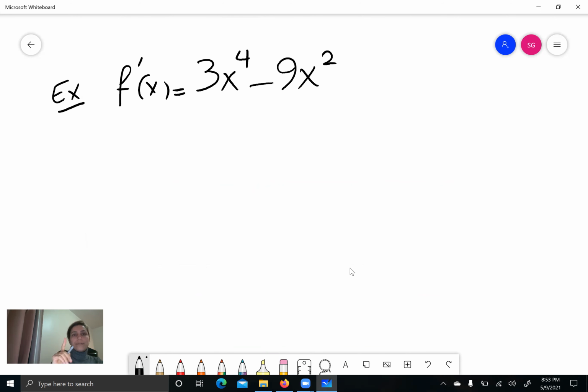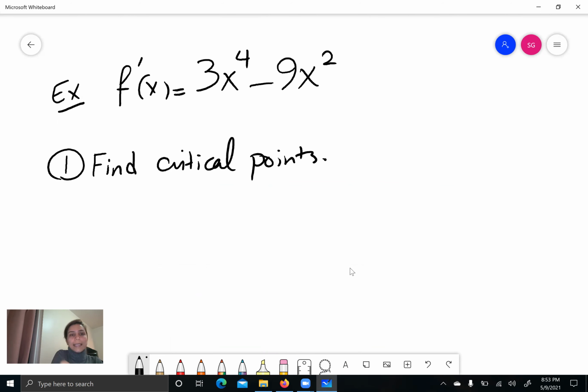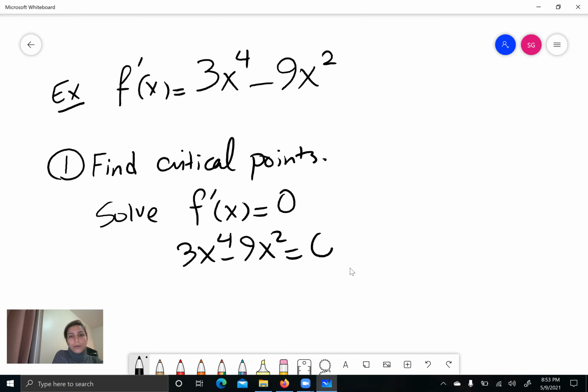So the first thing is to find the critical points. That means set the derivative equal to 0. So 3x to the 4 minus 9x squared equals 0.